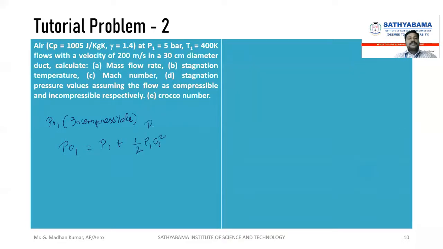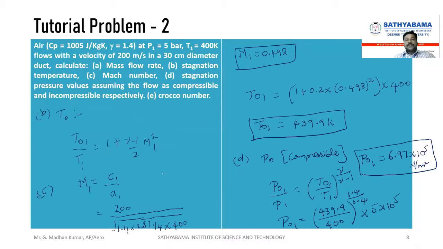This is nothing but Bernoulli's equation, valid only under incompressible flow. You know the value of P1, that is 5 into 10 to the power of 5, plus 1 by 2 into rho 1. So what is your rho 1?